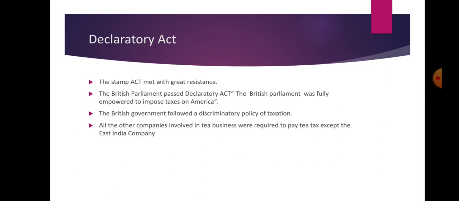According to that, the British Parliament was fully empowered to impose taxes on America. As a result, what happened? The British government started to follow an unfair policy of taxation.